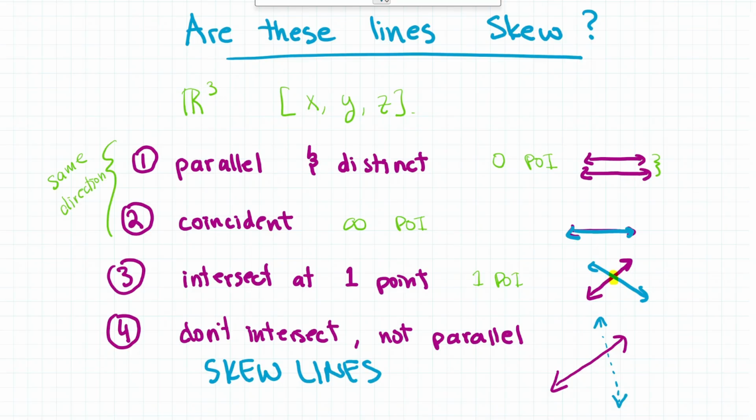Today we're going to learn how to determine whether our lines are skew or not, because this is a bit of a new skill that we have to develop. We're going to dive right into an example. We have 2 lines given in vector form.